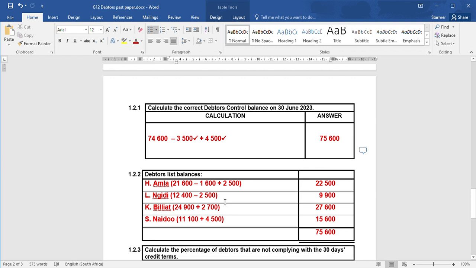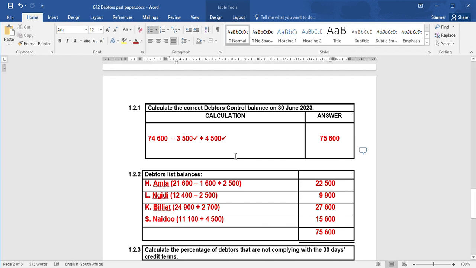Now, if I were doing this model answer, I would show plus 2,500 minus 2,500 Rand under your debtors control balance as well. I'm aware of the fact that they cancel each other out, but if you had done that in the general journal, you would have debited debtors control and credited debtors control.